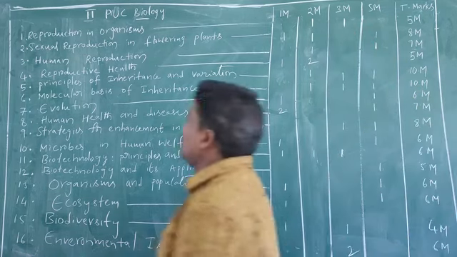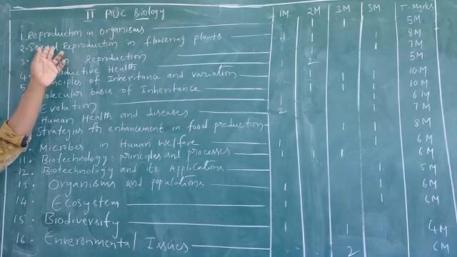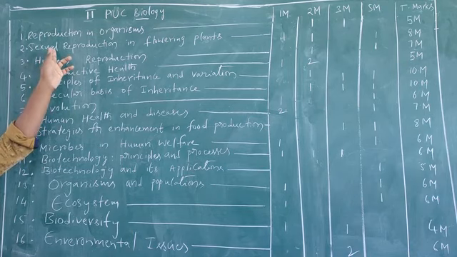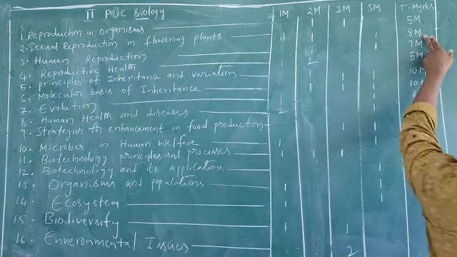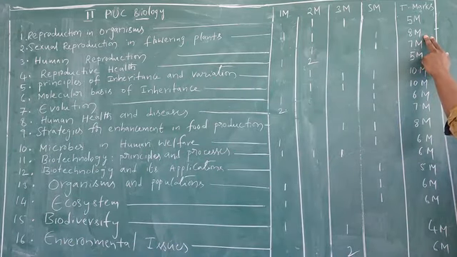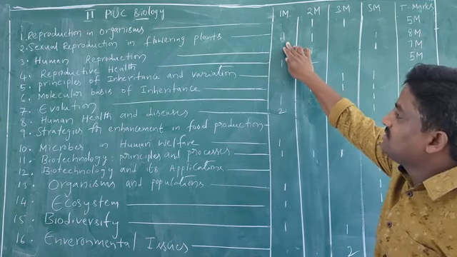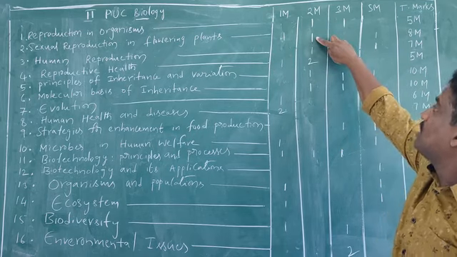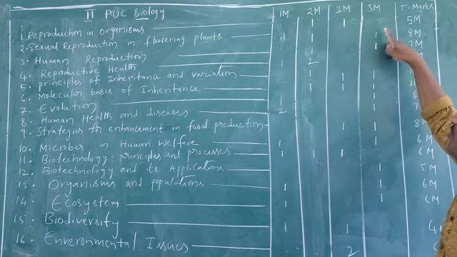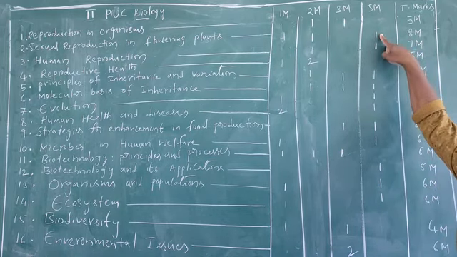And second one, sexual reproduction in flowering plants. In sexual reproduction in flowering plants, it will come to 8 marks. So how will the questions come? Here 1 marks question 1, 2 marks question 1 and 5 marks question 1.